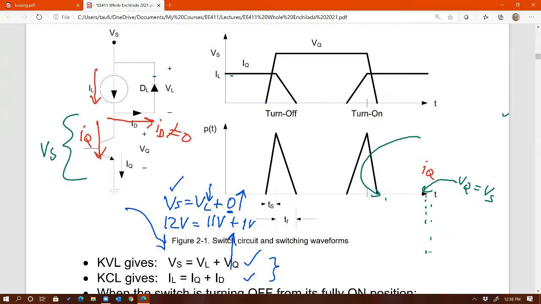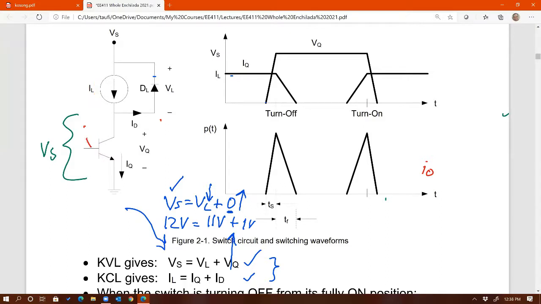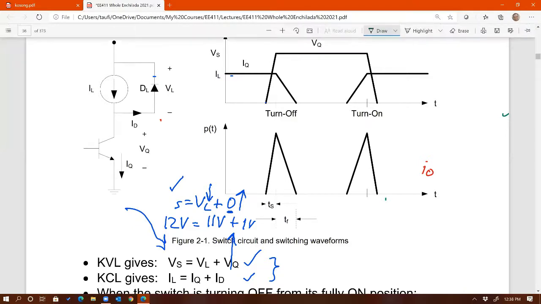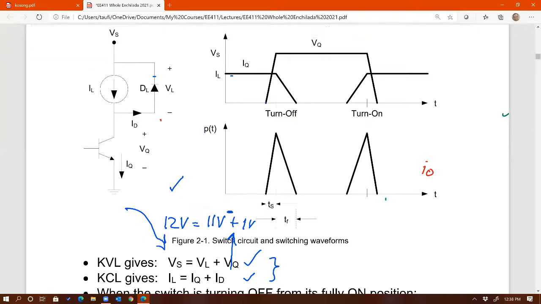Okay, if you agree with those switching waveforms for voltage and current of the switch, now we see the problem. Remember earlier I said, before we talk about snubber, we need to know the problem first before we talk about the solution. Before we understand why snubber is needed, that is the problem right there. Let me erase the whole thing here. Sorry, it takes some time to do this.